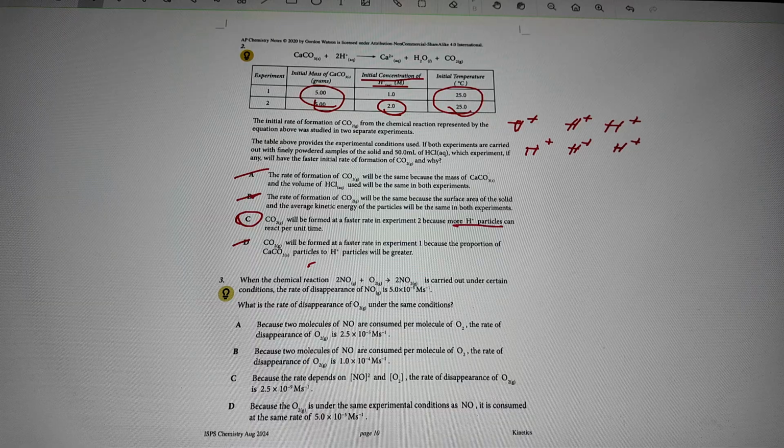What is the rate of disappearance of O2 under the same conditions? So we already know that NO is 5. So here's them telling you the recipe, right? So this is what this means. Let me write it here.